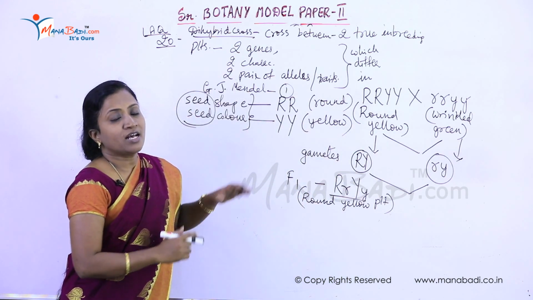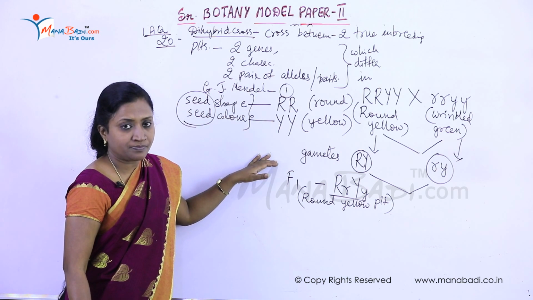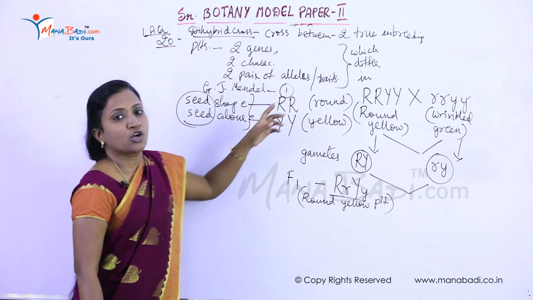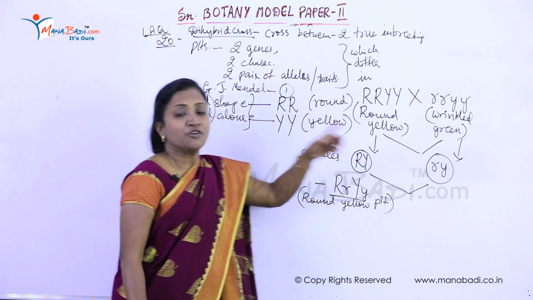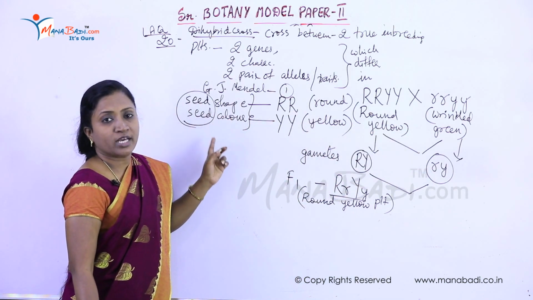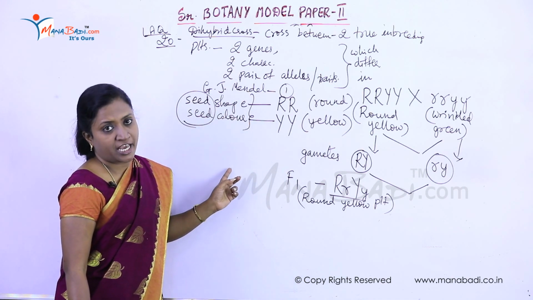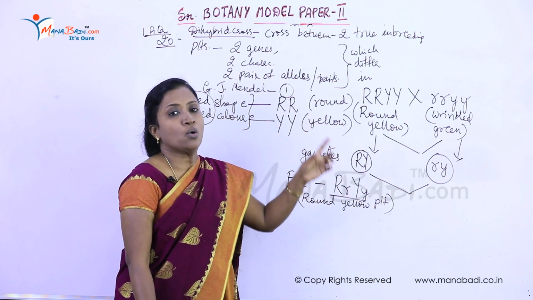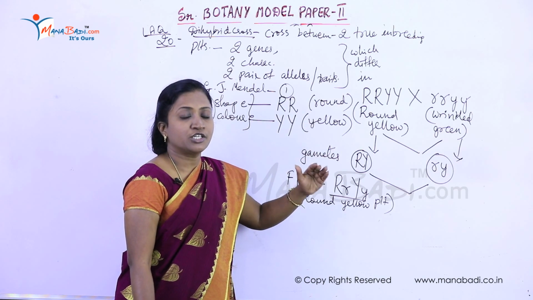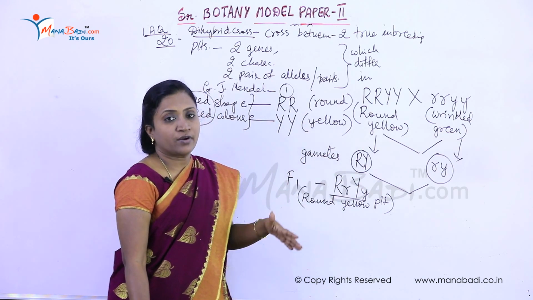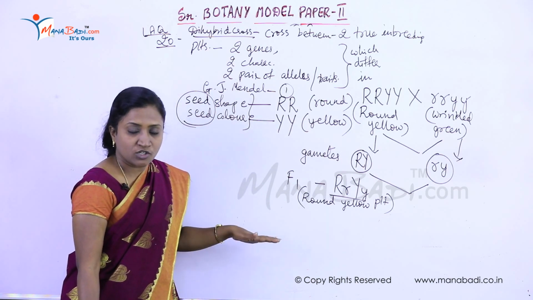As we have seen, Gregor Johann Mendel crossed these two plants, taking two characters, seed color and seed shape, wherein yellow and round are dominant in the homozygous plant, and wrinkled green is the homozygous recessive plant.